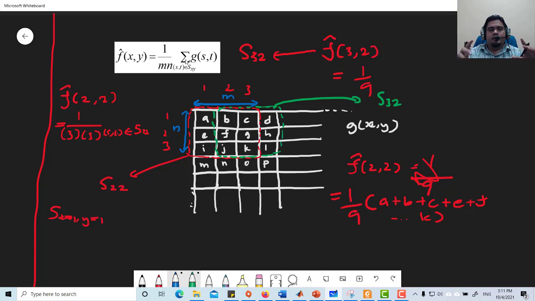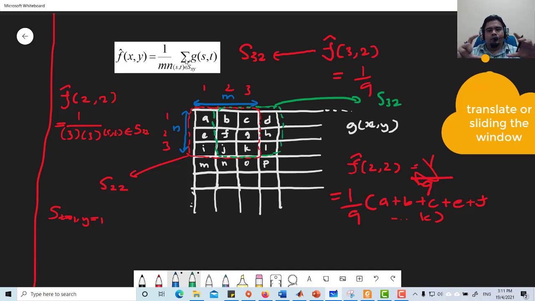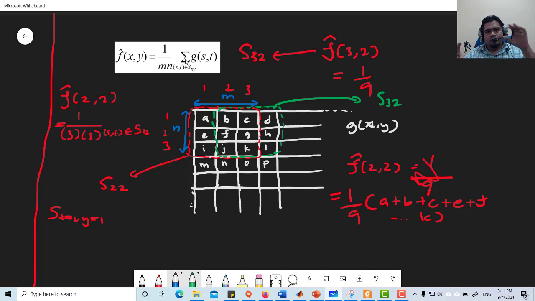And another thing you need to remember, convolution also requires you to translate the window from the top left corner to the bottom right corner. You need to process each and every pixel until you process the whole image. So that's how the convolution works.